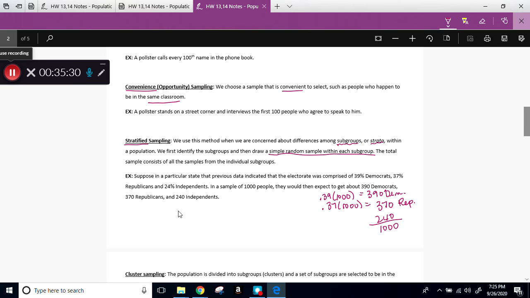Then I'm going to take the sample of 1,000 people that I'm going to ask something. When I take that sample, I'm going to make sure that about 39% of them are Democrats. So that'd be 390 Democrats. So you would choose those subgroups first.